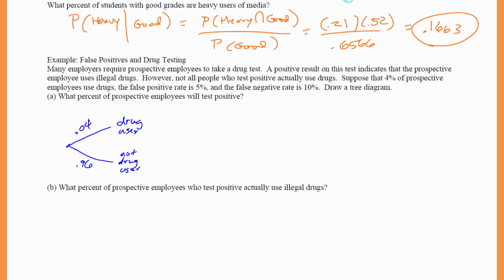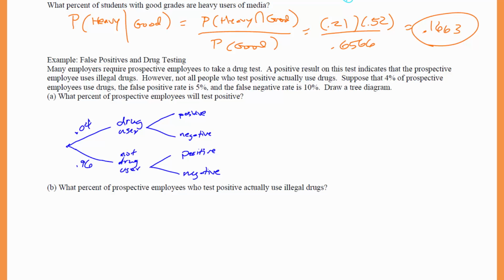Now, everybody is taking the drug test. So, for the drug users, they either test positive or they test negative. For the not drug users, they either test positive or they test negative. We're told the false positive rate is 5%.